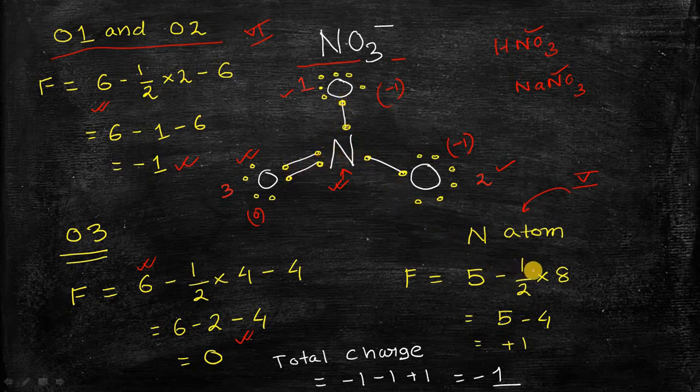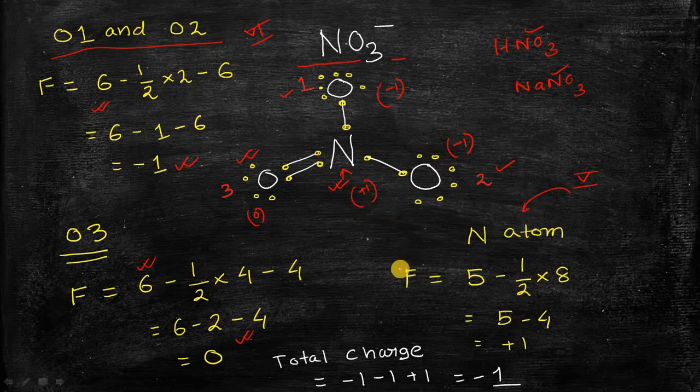So there are a total of 8 bonding electrons, and there is no unpaired electron. The formula is number of valence electrons minus half into number of bonding electrons, and as there is no unshared electron, the third portion will not come. That is equal to 5 minus 4, that is equal to +1. So the central nitrogen atom contains +1.